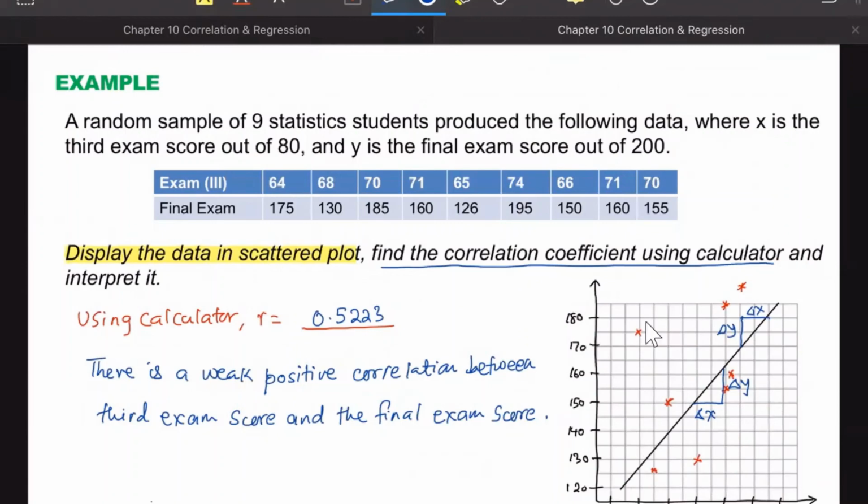64, 175. This point is far from this cluster, so this is your outlier. This point was 64 and 175.